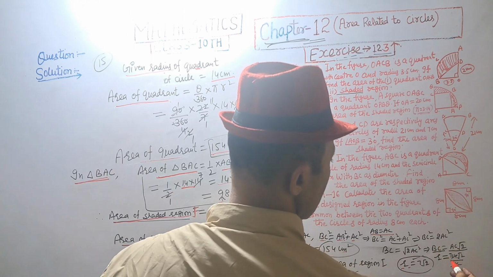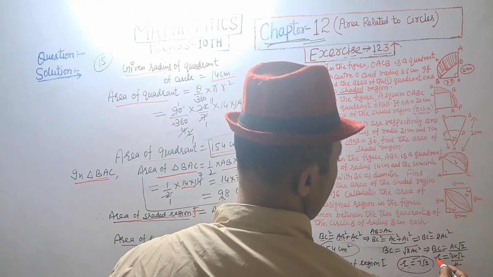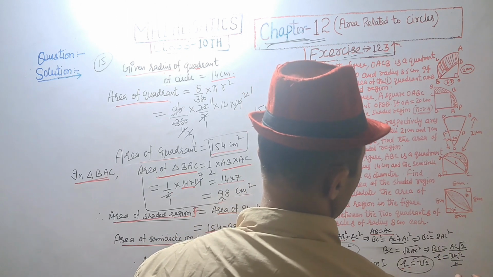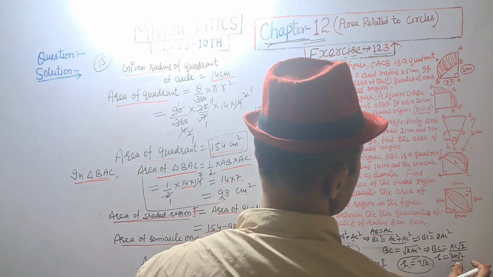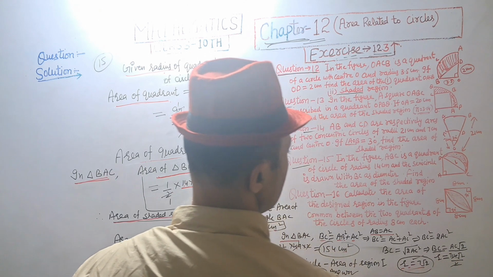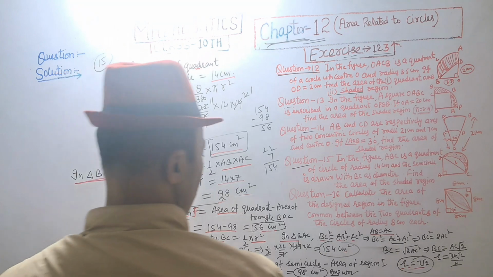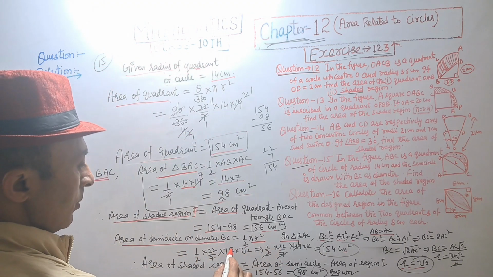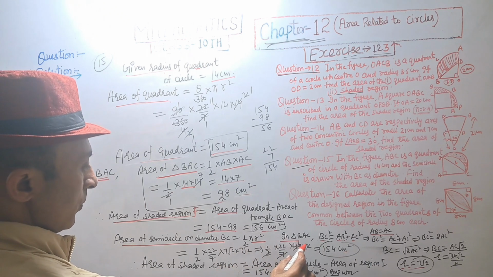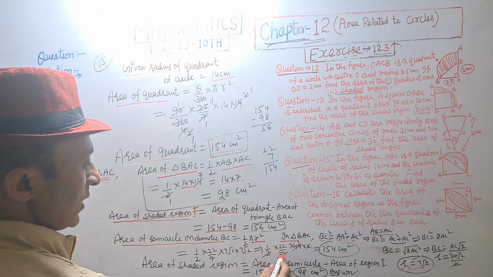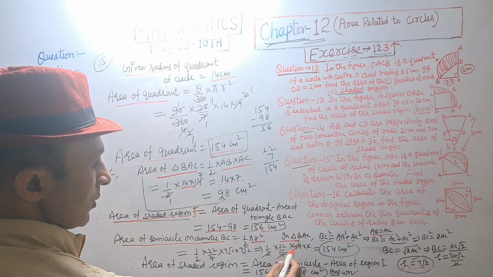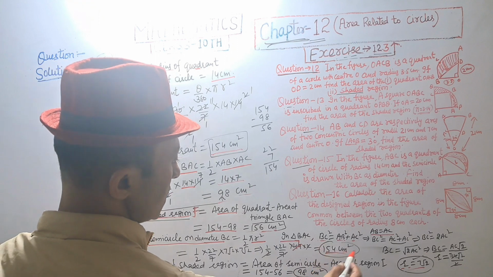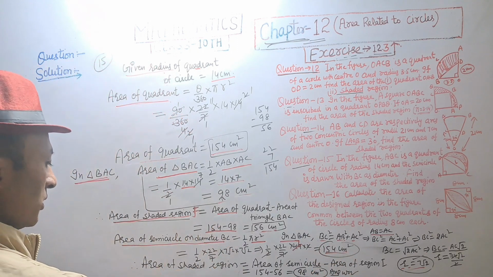And AC is 14, its diameter is BC and the radius R is equal to half of 14 root 2, that is 7 root 2 centimeter. And the area of the semicircle is half into pi r square, root 2 into root 2 will be 2, and 7 7s are 49, and the 2 is cancelled. 22 multiplied by 7, that is 154 centimeter square.